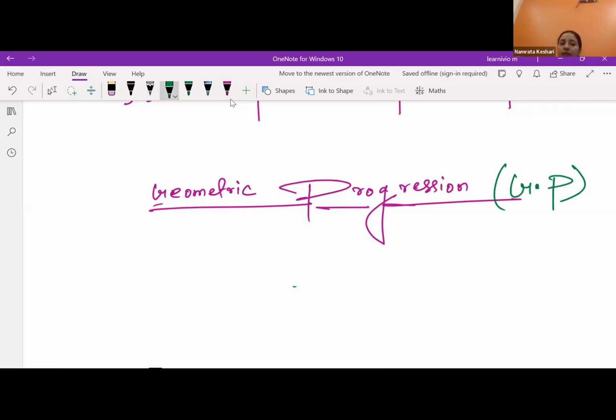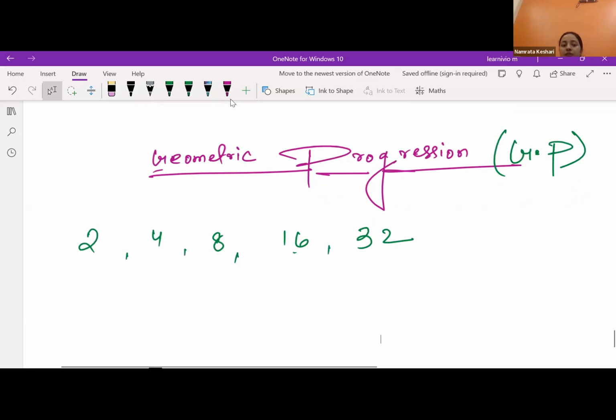Here the sequence will follow a certain pattern. It will look like this: 2 will be there, maybe 4, then 8, then 16, then 32. Here also we are calling it the first term, second term, third term, fourth term, fifth term.